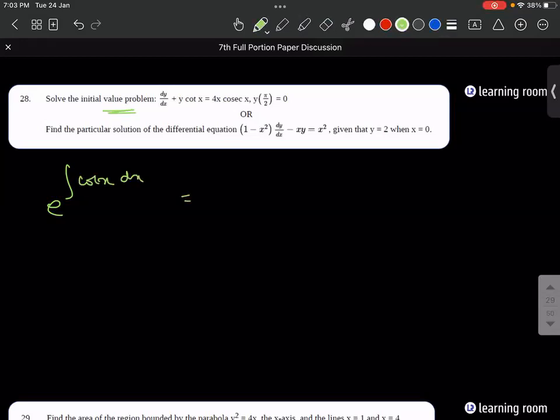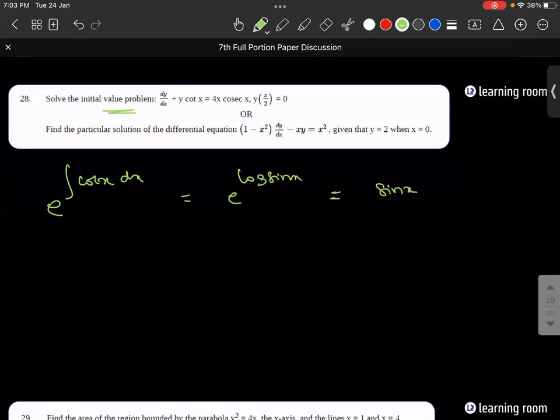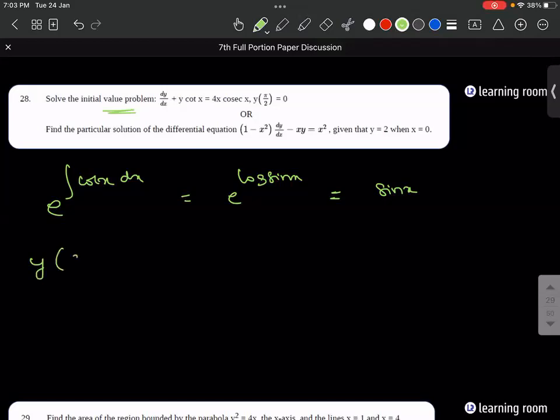What is integral of cot x, guys? Log of sin x. E power log of sin x is sin x only. Correct? So y into the integrating factor sin x is equal to integral of q, that is 4x cosecant x, into the integrating factor times dx, plus c.